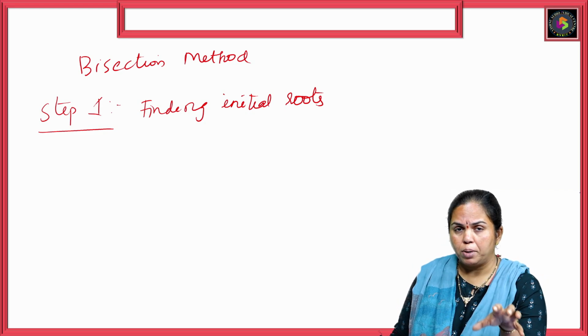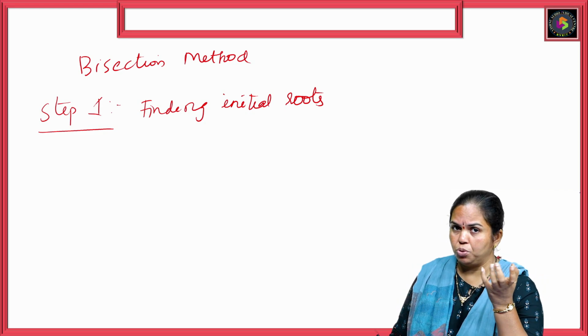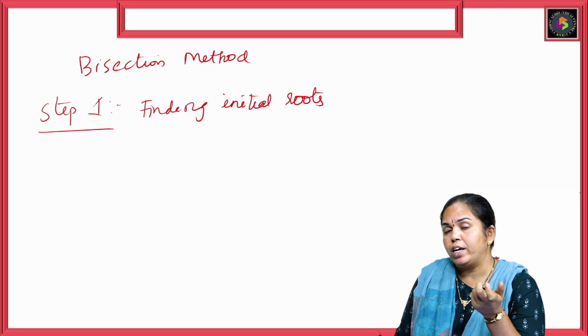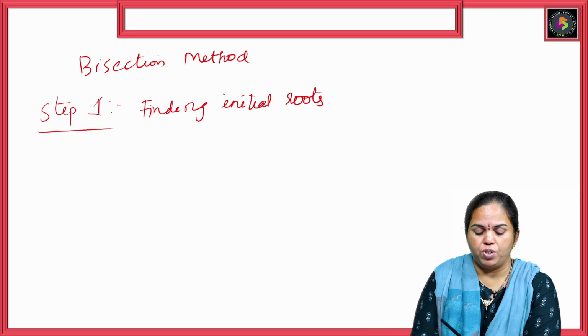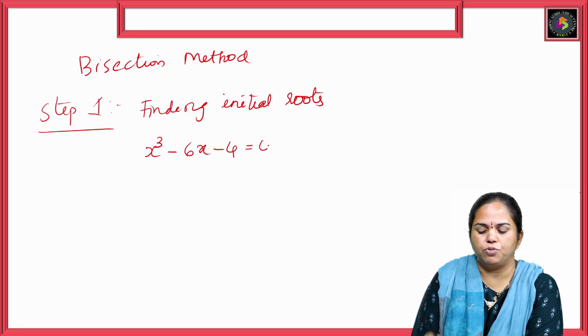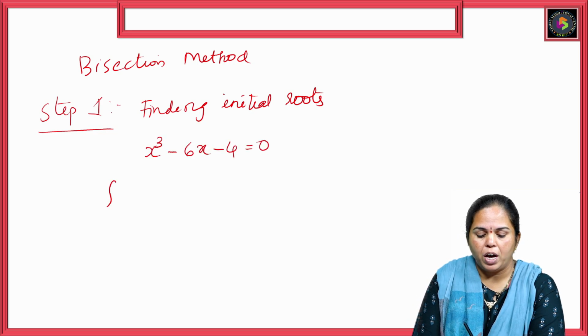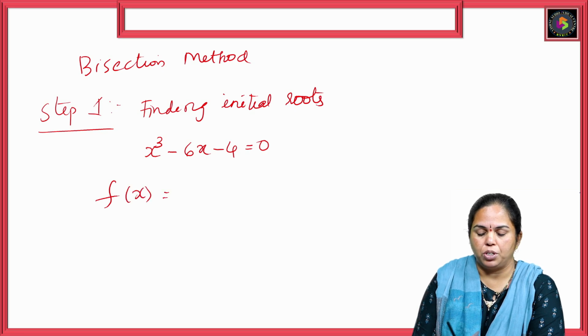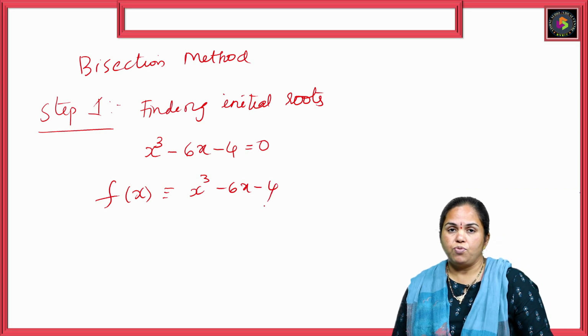In order to start a problem, we need to know where the root lies first. For example, if I have an equation x cube minus 6x minus 4 equal to 0, first we assume f of x is equal to x cube minus 6x minus 4. This is the first step.